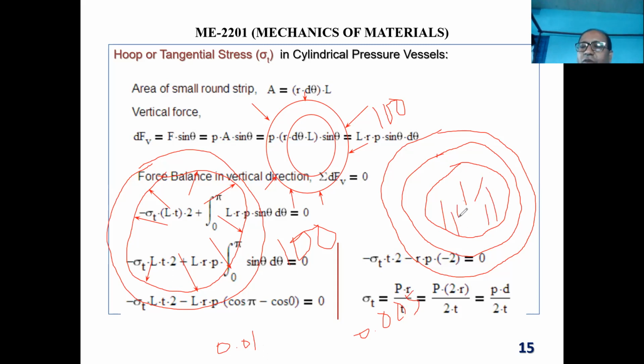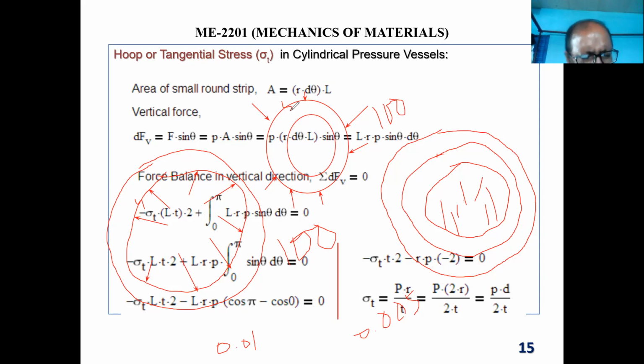Okay. So when we apply the interference, there will be contact pressure. If you put too much interference, then contact pressure will be too high. In that case, a crack might develop right over here. Also, a crack might develop right over here after assembly.